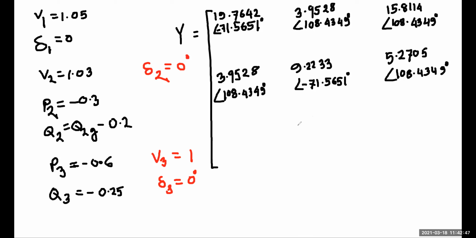This one will be the same, 5.2705. This one will be similar to this one. If you have different, you can write different.